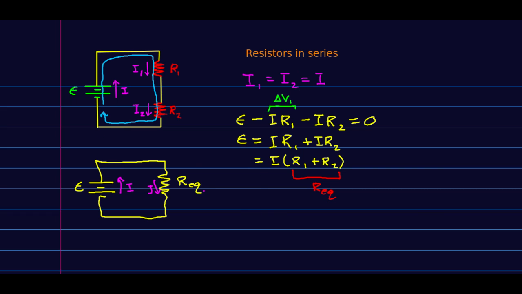And so this resistor is in some sense equivalent to this pair of resistances. And so our Req is just R1 plus R2.